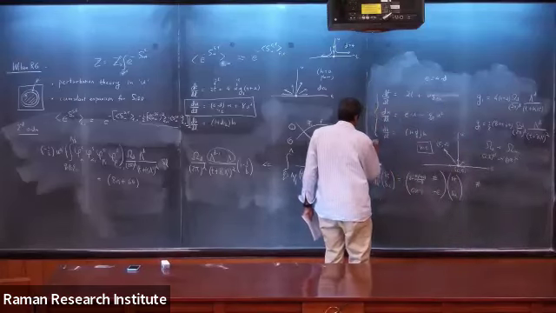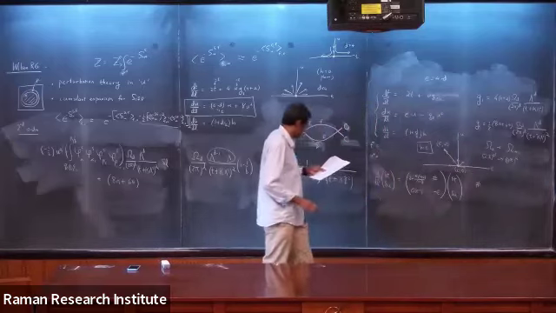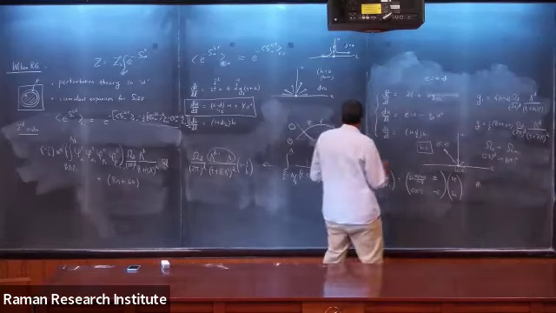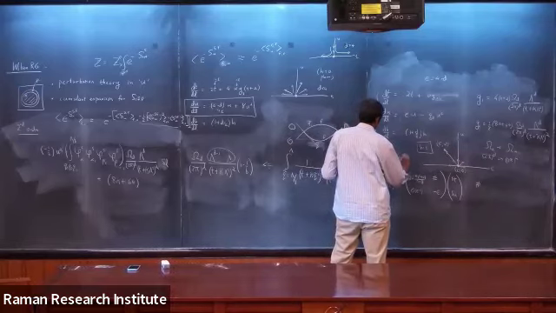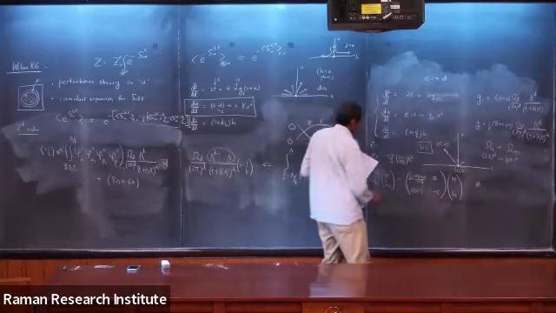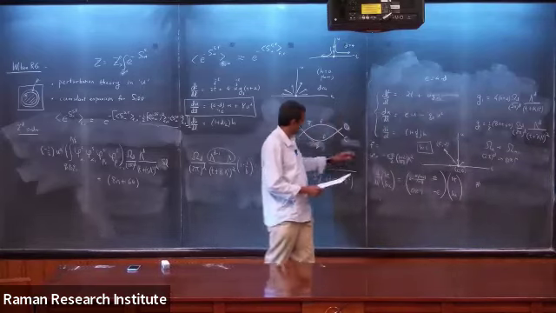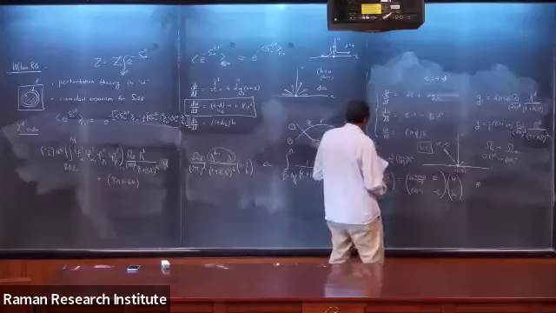So T star and U star, let me write out to leading order in epsilon. T star is minus epsilon times k over 2 times n plus 2 over 8 times lambda square.